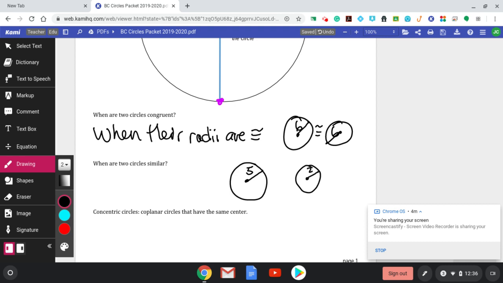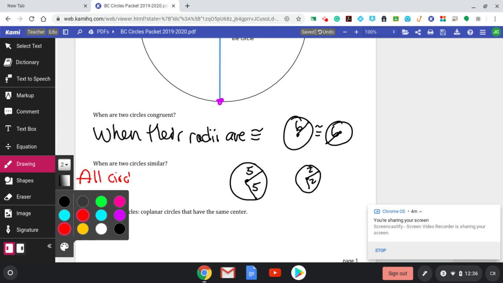Aren't they always going to be in the same ratio? 2 to 5 is not going to change. It's going to be 2 to 5, 2 to 5, 2 to 5. I can draw another radius, but that's still going to be 5. I can draw another radius, that's still going to be 2, still 2 to 5. That's never going to change. What am I trying to get at here? All circles are similar.